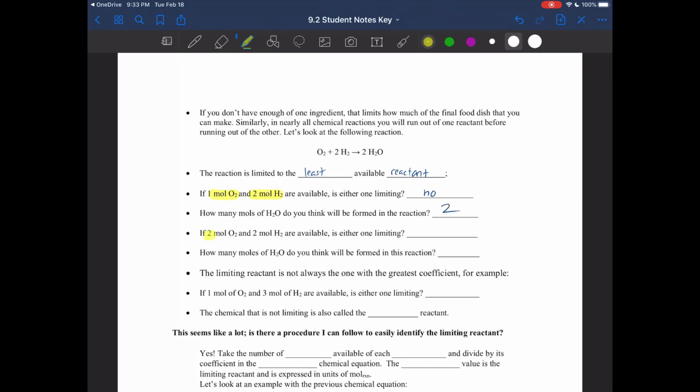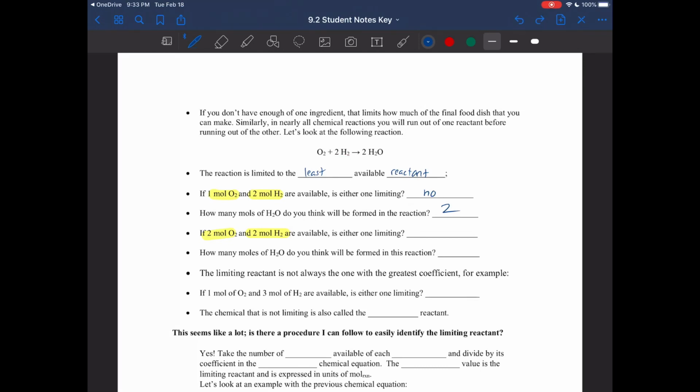Okay, if 2 moles of O2 and 2 moles of H2 are available, is either one limiting? Now we have literally equal amounts of moles of each reactant. But you have to ask yourself, which one is being used up faster? I'm seeing here that there's a 2 by the H2 and there's only a 1 by the O2. So H2 is being used up twice as fast as O2.